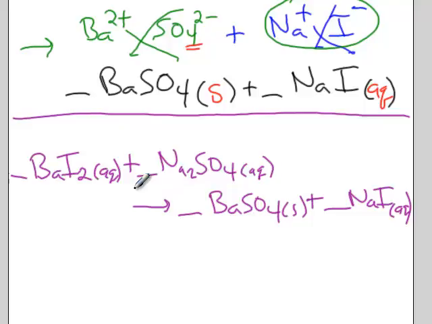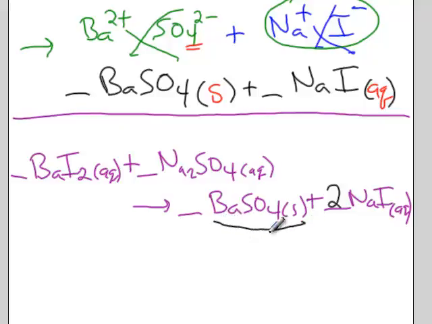Now I have all the reactants, all the products, but I need to change some coefficients. For example, I have 2 sodium on the left. I need 2 sodium on the right. That's going to balance my iodines. 2 on the right, 2 on the left. I have 1 barium, 1 barium, 1 sulfate, 1 sulfate. So this is my overall balanced reaction with all of the proper phases and the correct coefficients.